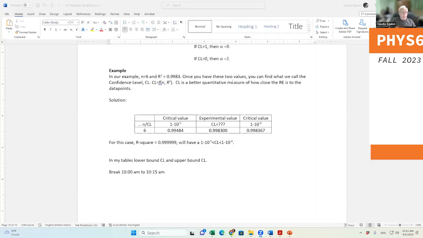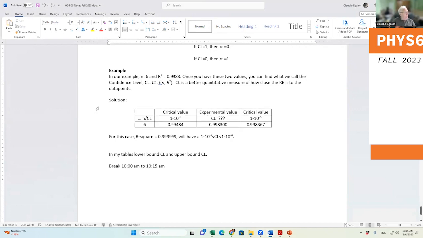We are back here. 10:15 a.m. Good. I finished what I wanted to do for the CL case. And because today is a lab meeting, let's do everything that we need to do about the lab.